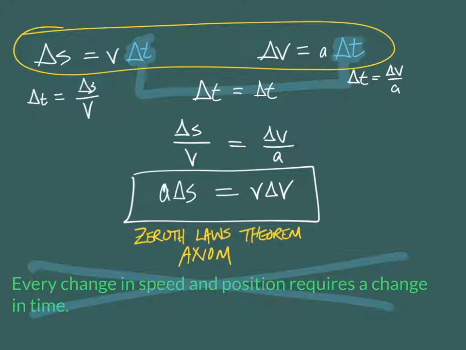Because I can look at the other two laws. Change in speed, okay, that's there. Change in position, that's there. But I don't have a change in time. And that's because change in time has been locked up in those critters, because the definition of those critters is where the time is hidden, etc. So it's not as obvious.